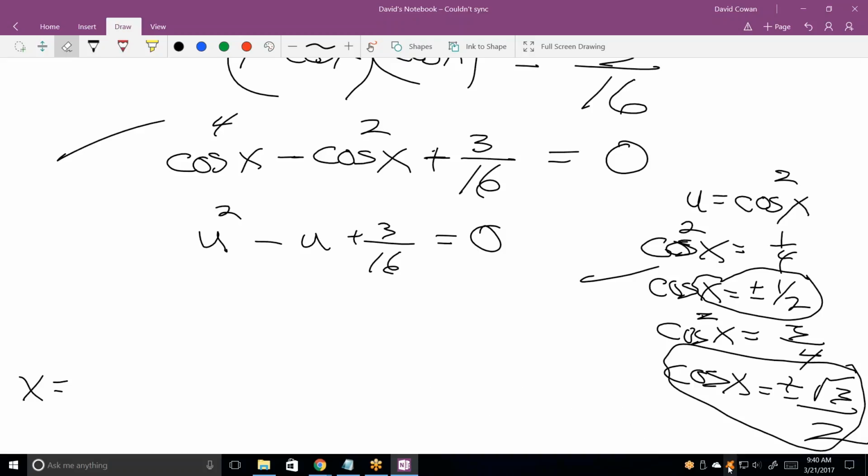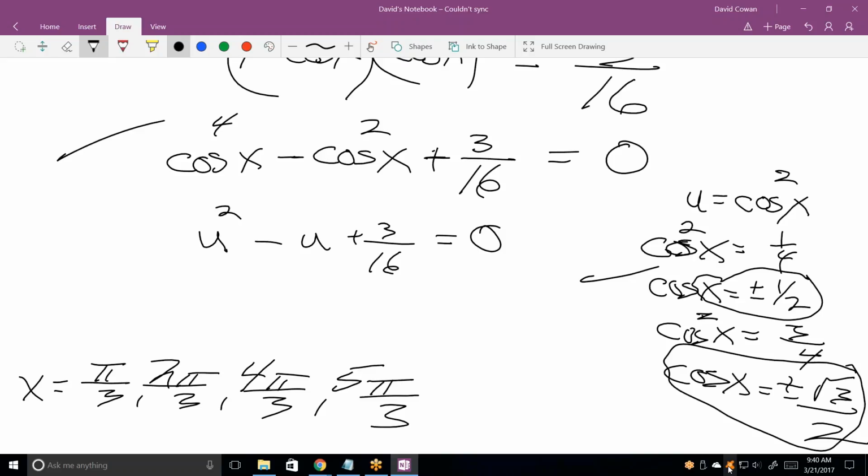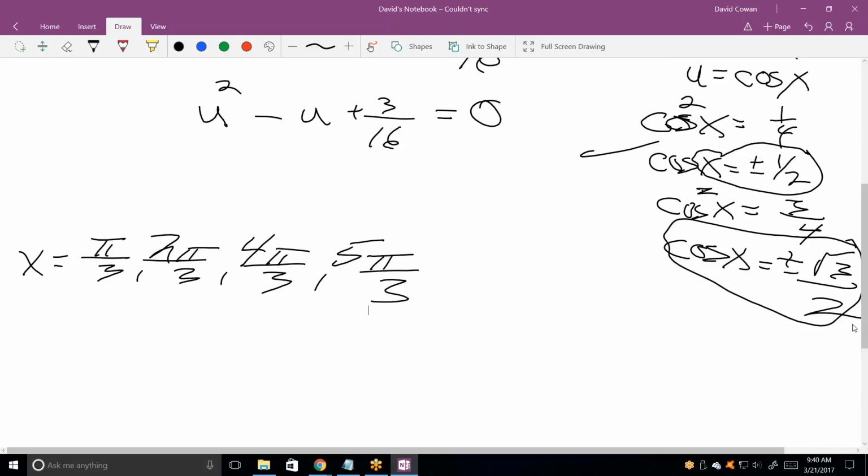So let's give the first 4 where it's equal to plus or minus 1/2. That would be at pi over 3, 2 pi over 3, 4 pi over 3, and 5 pi over 3. And now let's give the 4 answers where it's equal to root 3 over 2.